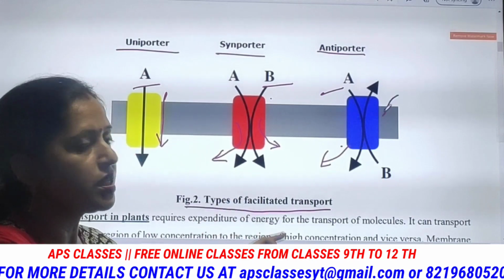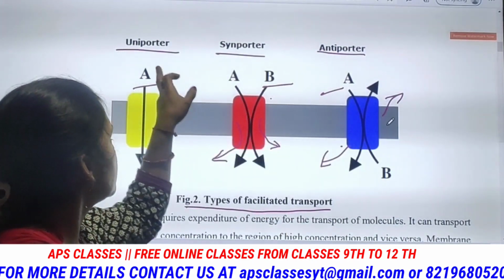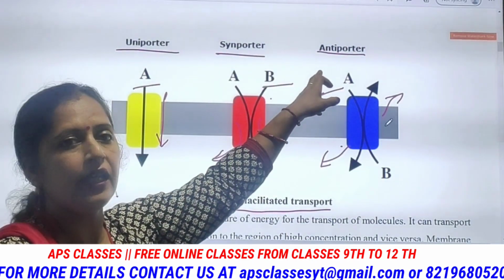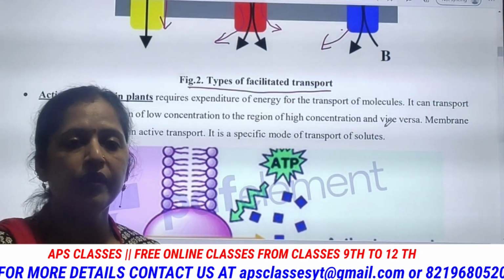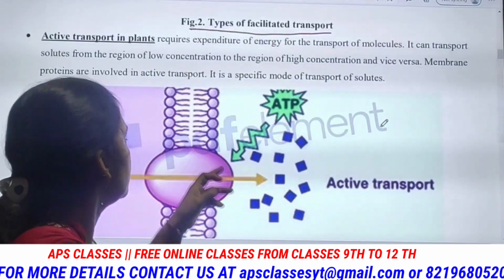So this is the difference between the uniporter, symporter as well as antiporter. So these are the three types of facilitated diffusion.